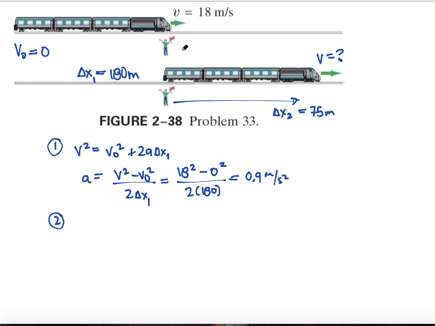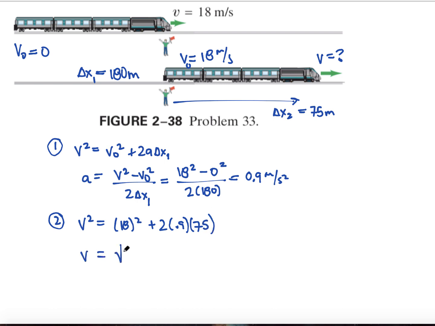So acceleration is still 0.9, except I'm going to use my initial velocity, which is 18. It was 18 at this instant, and my final velocity now is unknown, and I've moved a distance of 75 meters. So this time I'm going to look for v final. I've already solved for v final here. So I have v squared is going to be equal to 18 squared plus 2 times 0.9 times my now displacement of 75 meters.